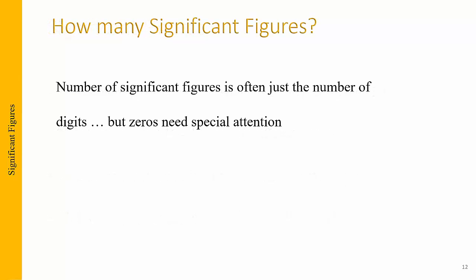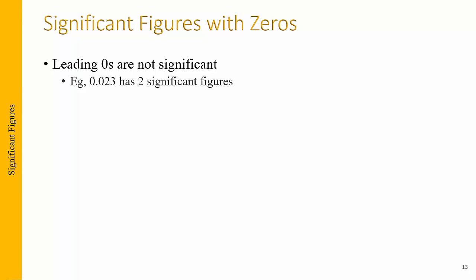So how many significant figures will a number have? Well, it's generally just the number of digits, but we have to be careful with zeros. Leading zeros are not significant, so this number has two significant figures only. Imagine if this was the length of a line in meters, then we have measured this to the nearest millimeter, 23 millimeters, which clearly has only two significant figures.